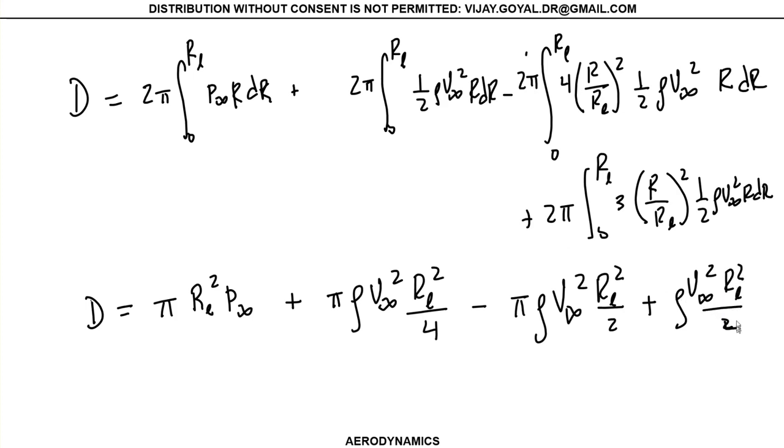So if you look carefully, you got a 4 there, you got a 4 there, and so you can just show this whole thing is actually equal to 0.